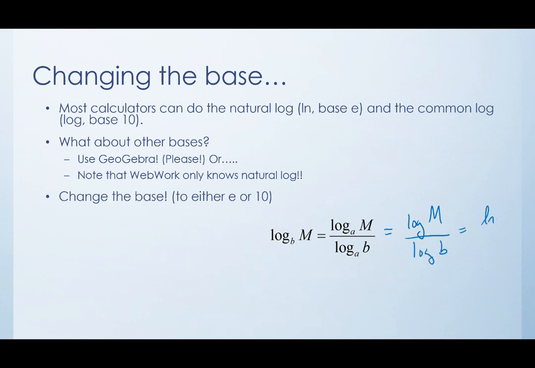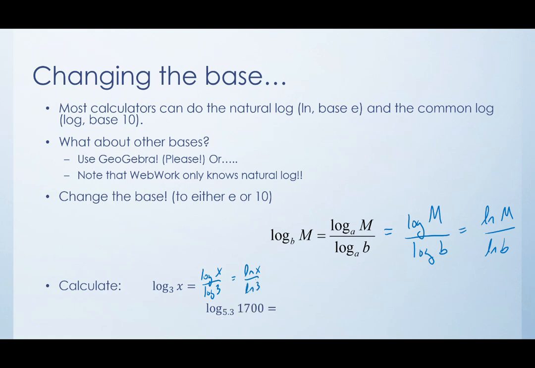Or you can go for natural log of the input over natural log of the base. Your choice, right? So if we want to calculate log base 3 of x, we would say, okay, great, that's going to be log of x over log of 3. Or it doesn't matter, you pick your favorite, common or natural log, ln of x over ln of 3.